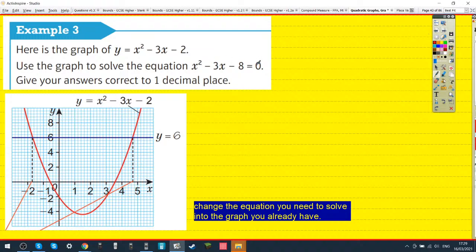Okay, let's try this one up here. How do we do this? Okay, so because it's equal to 0, would it just be a normal one? Well, this is the graph of this, and so there's a difference between them.